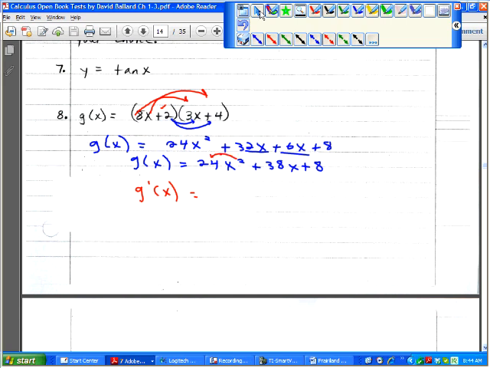So we would have 2 times exponent times coefficient. So 2 times 24 is 48, x, reducing the exponent by 1, which is x. And then we know the derivative of 38x is 38, and the derivative of the constant goes out. So g prime of x is 48x plus 38. Any questions on that one?